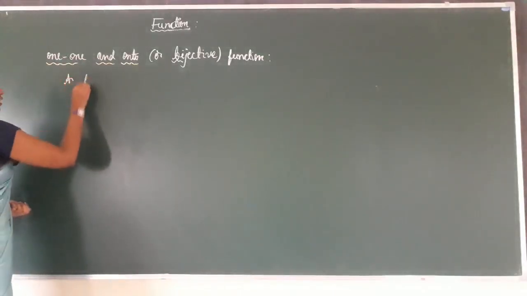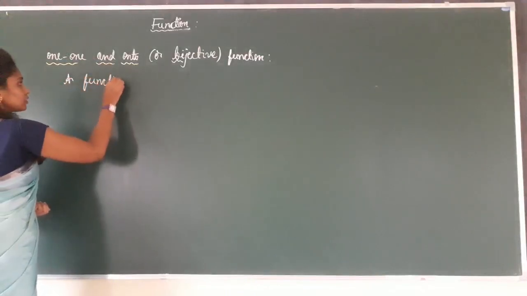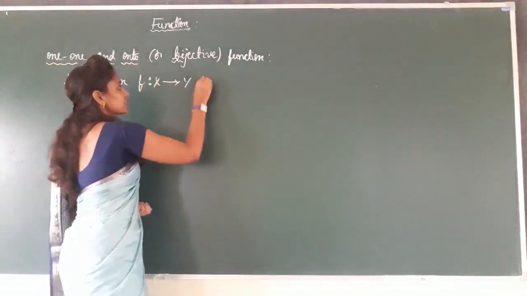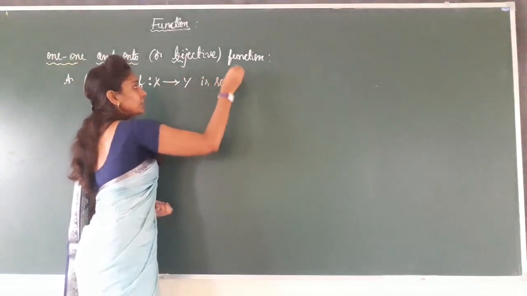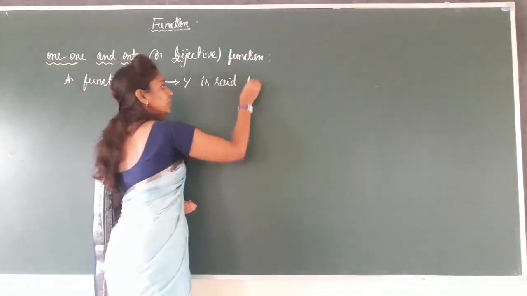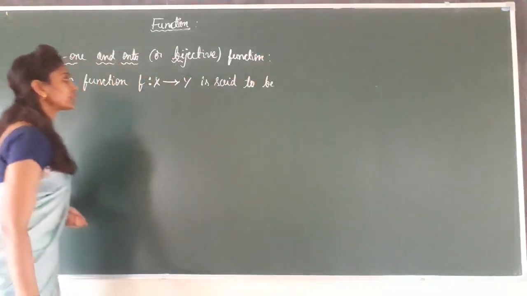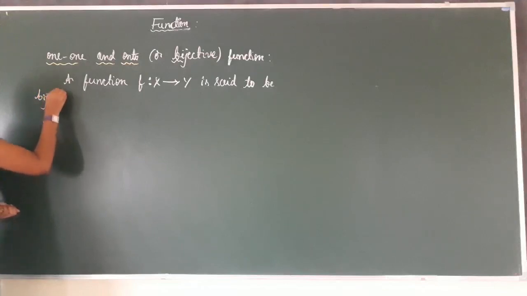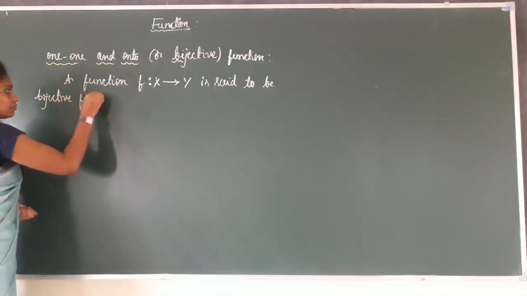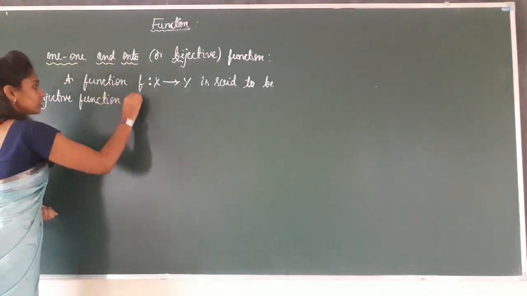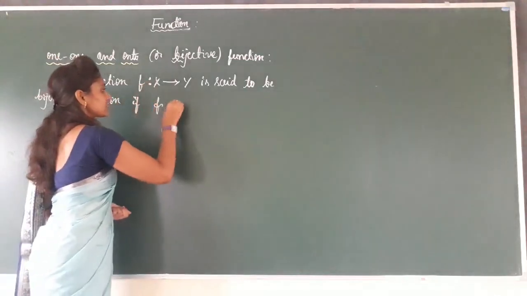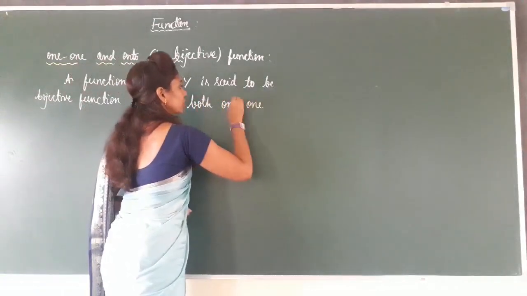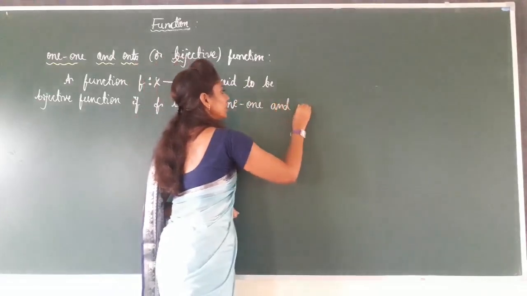A function f from X to Y is said to be a bijective function if f is both one-one and onto.